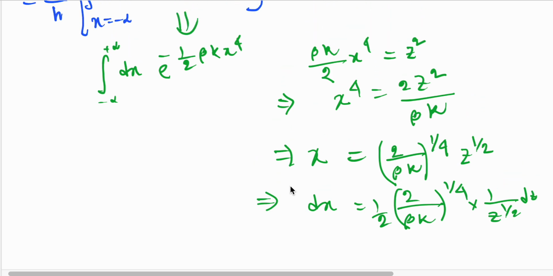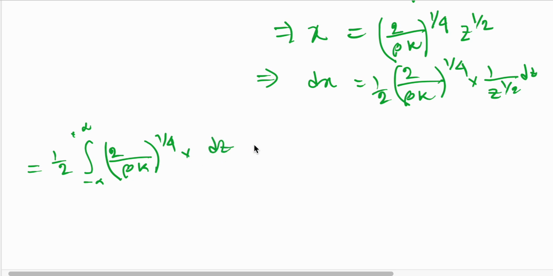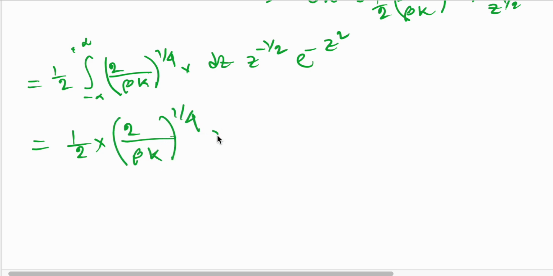So in place of x we replace with z, and we get the integral from minus infinity to plus infinity of half times (4 by beta k) to the power 1/4 times dz z to the power minus half e to the power minus z squared.